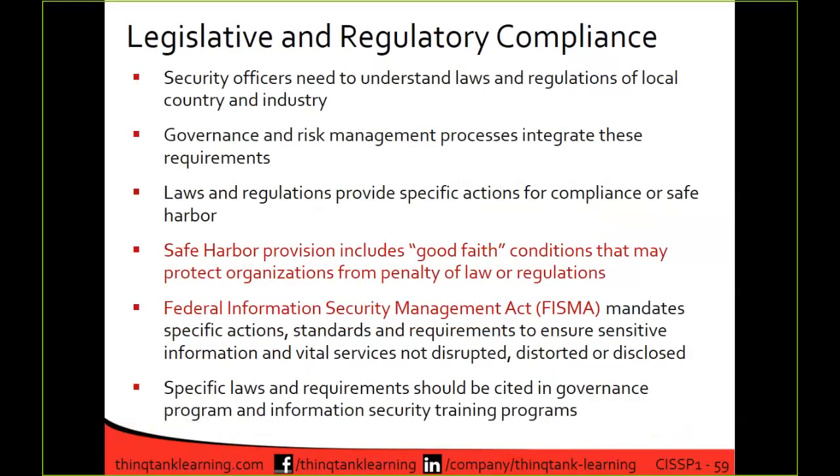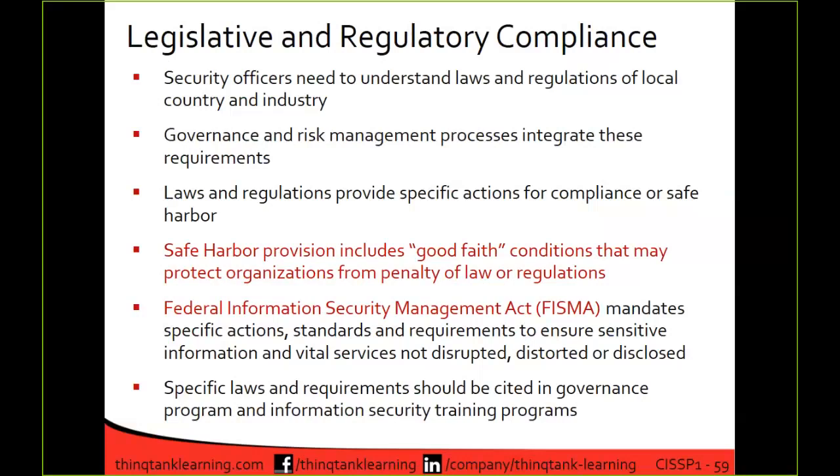If you are in a specific sector, one of the things that you might be exposed to is legislative regulation, or regulatory compliance. Security officers have to understand the laws and the regulations that are specific to their industry.